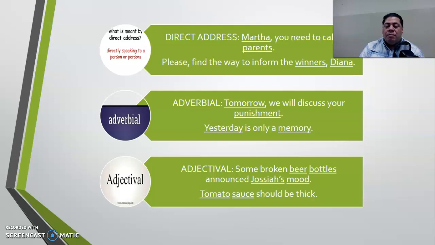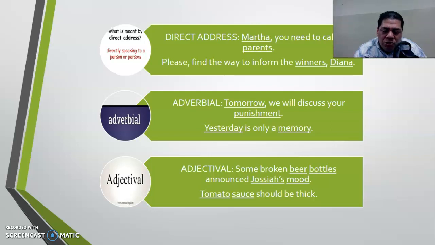Some broken beer bottles announced Josiah's mood. Now, remember that if you can identify Josiah's, the apostrophe S, as possession, remember we discussed that it's not really possession, but if you can establish this relationship of belongingness, in other words, it's not a contraction of the verb to be.